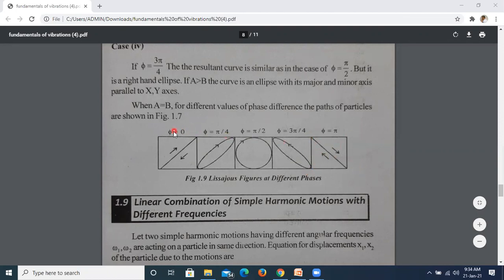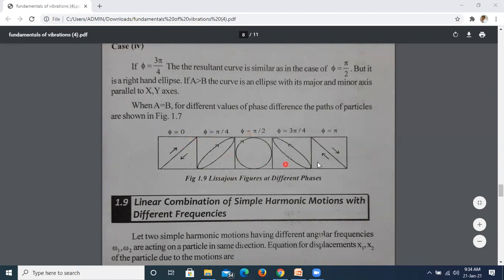For the phase difference 0 or 2 pi, we are getting the resultant motion along this diagonal. For the phase difference 180 degree, the resultant motion is along the second diagonal, with negative slope. These figures are called Lissajous figures.